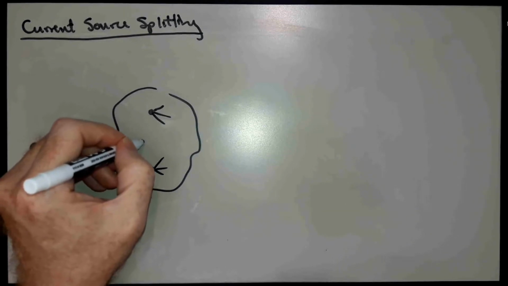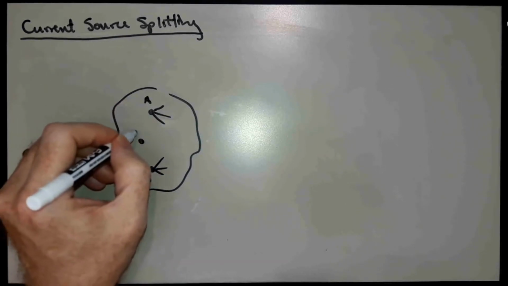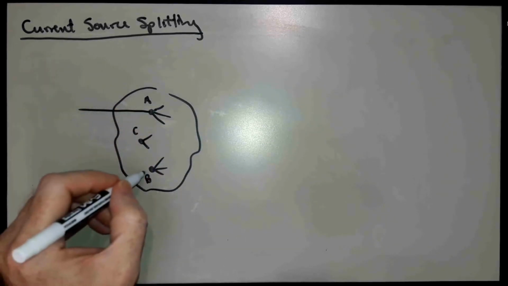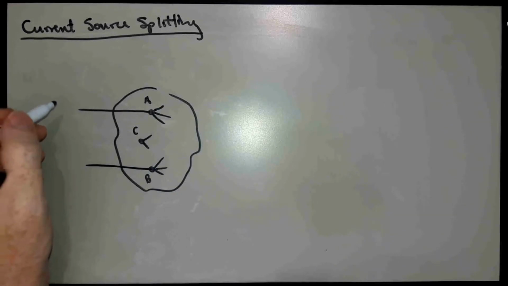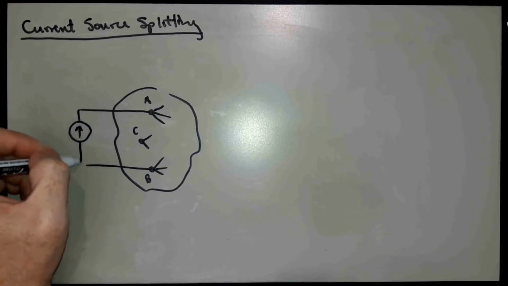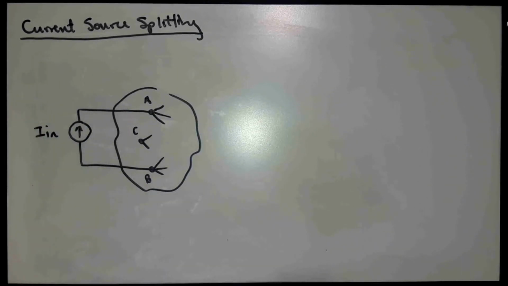Let's call these nodes A, B, and C. And we've got some current source that's connected between nodes A and B. Let's say I in.